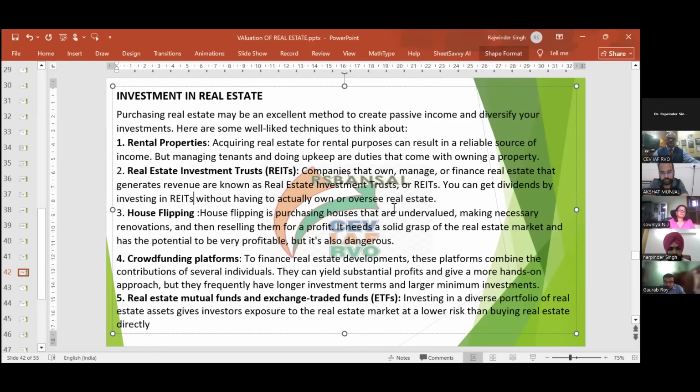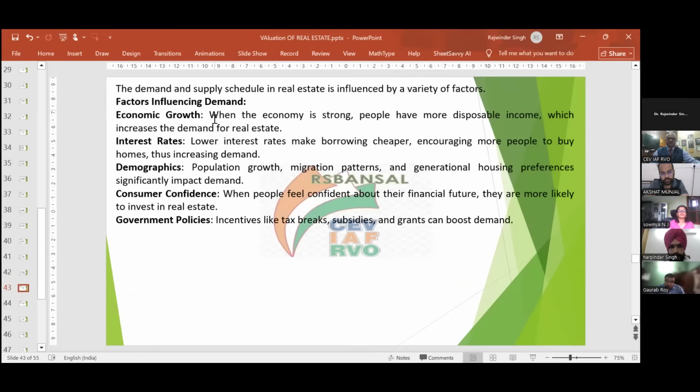To finance real estate developments, these platforms combine contributions of several individuals, where you can achieve maximum profit with a minimum investment. That is crowdfunding platforms. Then you can invest in real estate mutual funds and exchange traded funds, where you can earn profit. So these are the types of investment in real estate.